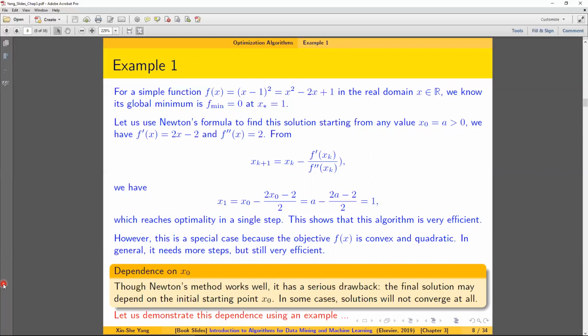Let's take a look at how we can use Newton's algorithm to get this. x_{k+1} equal to x_k minus f'(x_k) divided by f''(x_k). We start with an initial solution a, any value. Earlier we started with a specific solution, but here let's start with some number a, where a is larger than 0.